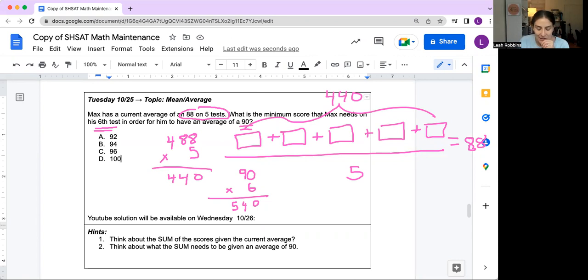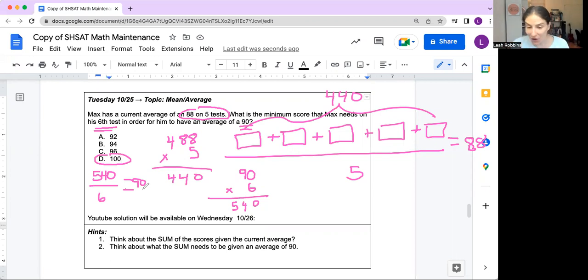So let's just make sure that that makes sense. So we added 100 to this 440. That would mean he now has 540 points. We divide that by 6. We're back to a 90. All right, sorry about that little typo, but he needs 100.